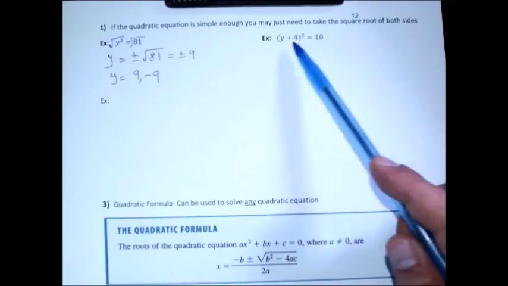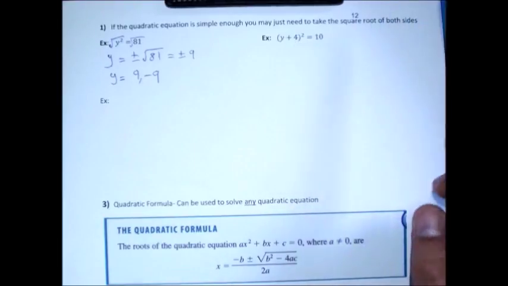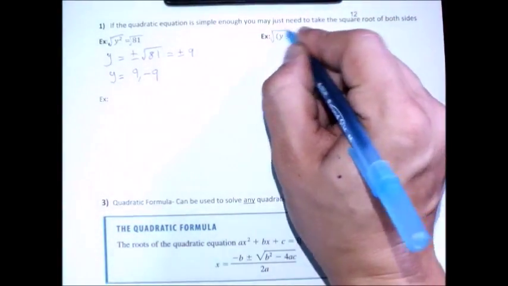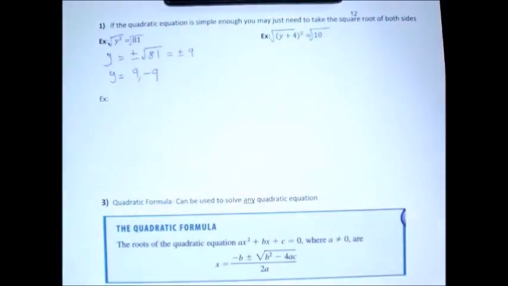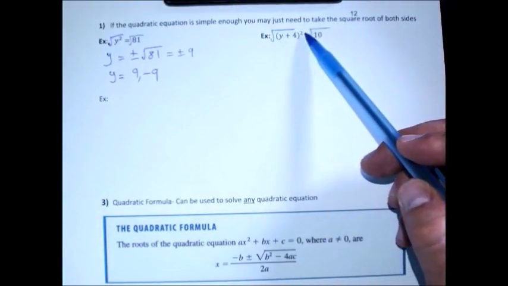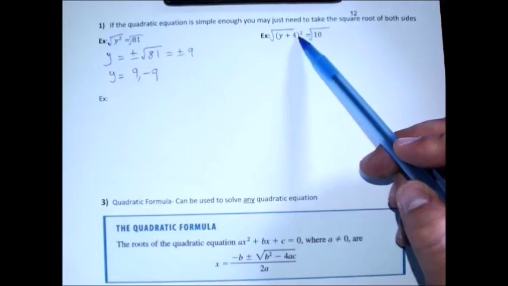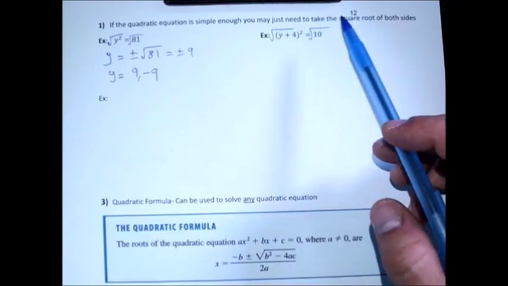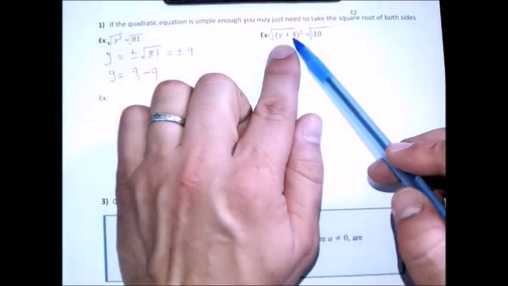And so this applies to this first method here, because if we take a square root of the left-hand side and the right-hand side, the square root is going to cancel out that squared again. And we can do this because the whole left-hand side is being squared. If there was something else there, we wouldn't be able to do this.